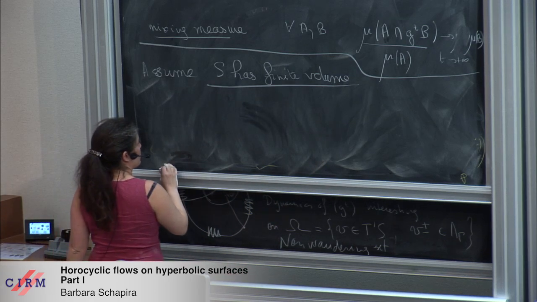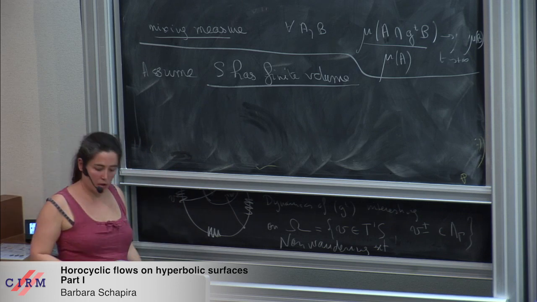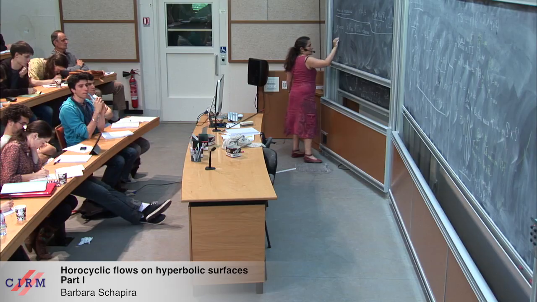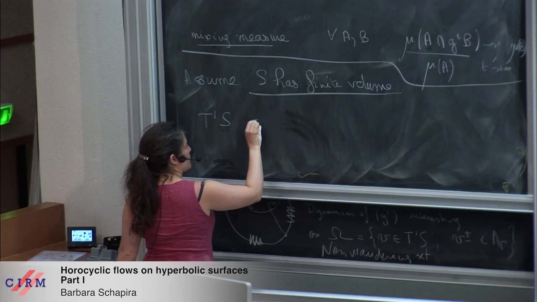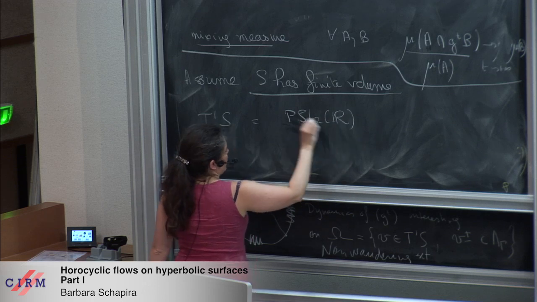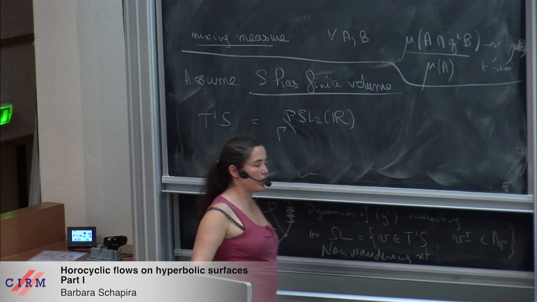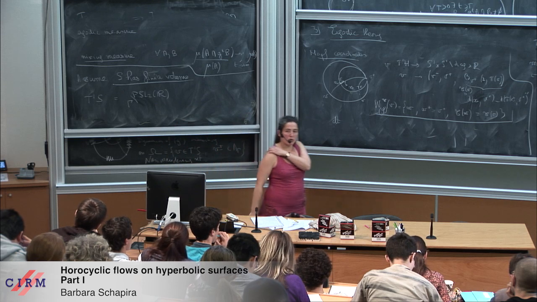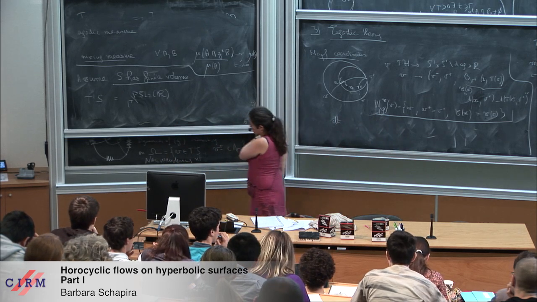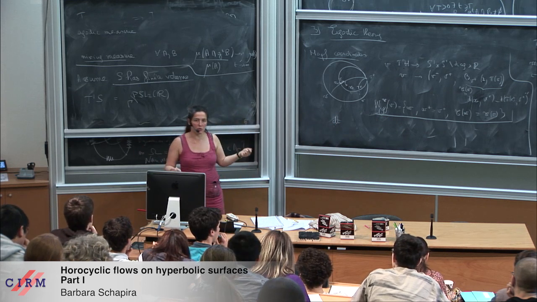And so there is a very natural measure. We saw that the unit tangent bundle of S is a quotient of PSL2R by the group gamma. And in the talk of Jean-François Quin, you learned about the Haar measure of PSL2R, which is left and right invariant because the group is unimodular.